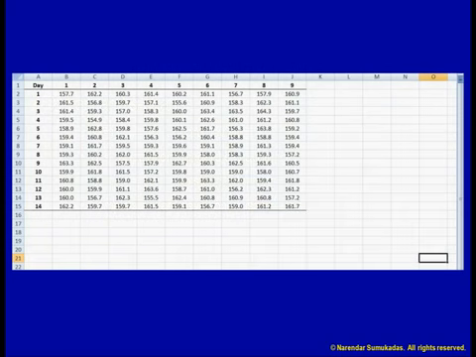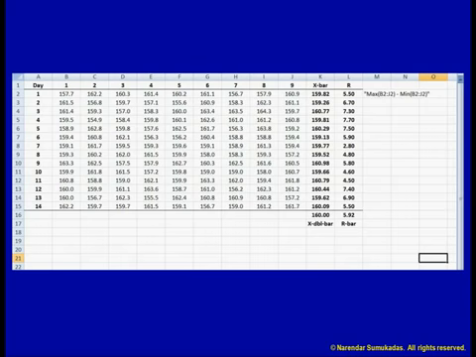For each day's sample, this time I calculate 2 numbers, the sample mean Xbar, and the sample range R. The Xbar values will be plotted on the Xbar chart, and the R values will be plotted on the R chart. The center line for the Xbar chart will be the mean of the sample means, or X double bar. Likewise, the center line for the R chart will be the mean of the sample ranges, or R bar.